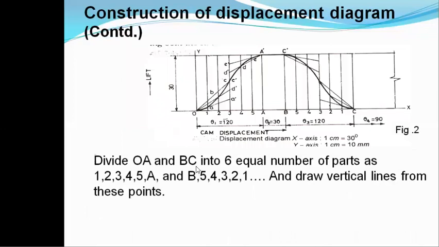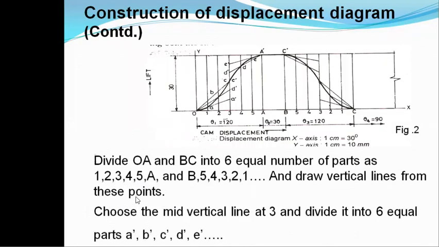Divide OA and BC into 6 equal parts as 1, 2, 3, 4, 5 and 5, 4, 3, 2, 1, and draw vertical lines from each of these points. Choose the mid vertical line at 3 and divide it into equal parts, say A dash, B dash, C dash, D dash, E dash, etc.